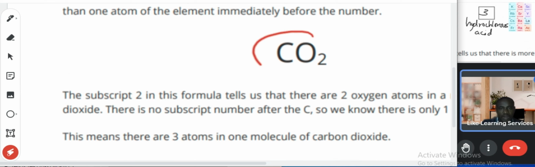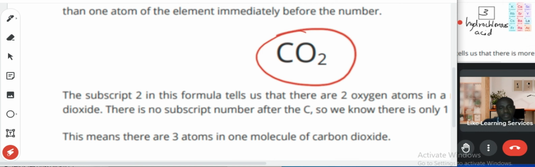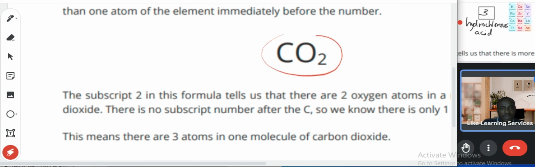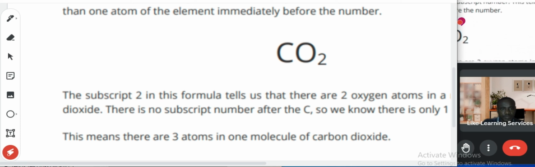How many atoms do you have in this, for instance? Pardon? How many atoms do you have in this? Scroll down. I'm circling something. Excuse me. So how many atoms do you have in this? 3.